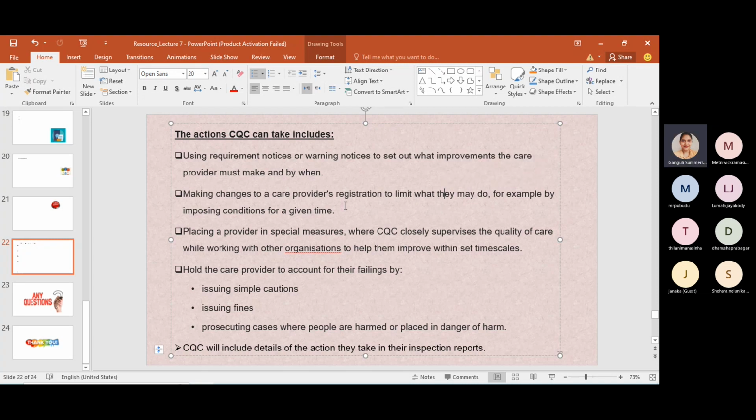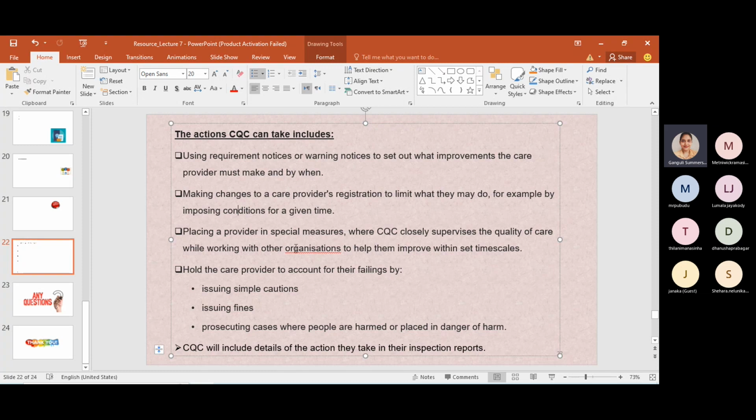And sometimes the CQC can remove people from the registry as well. So, making changes to a care provider's registration to limit what they may do is another action that CQC takes. Also making changes to a professional's registration, limiting what the person can do.